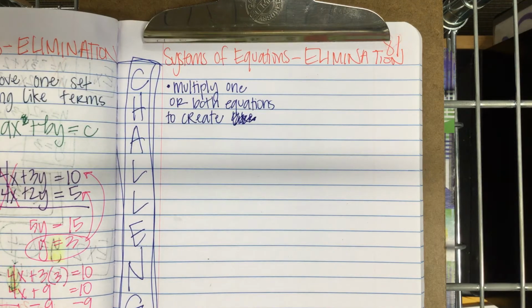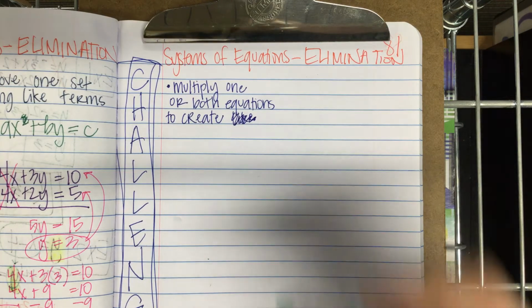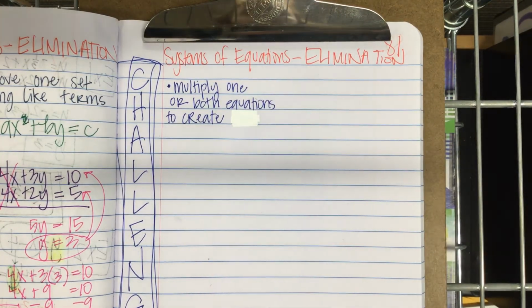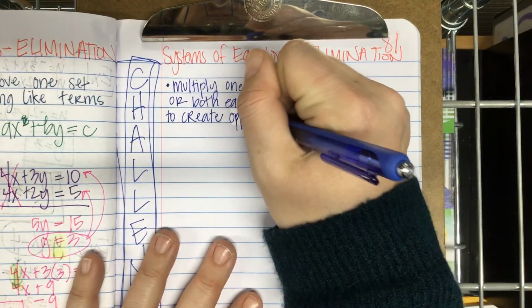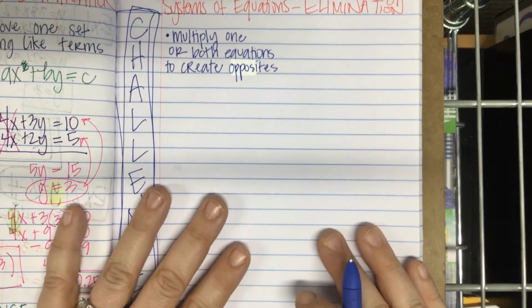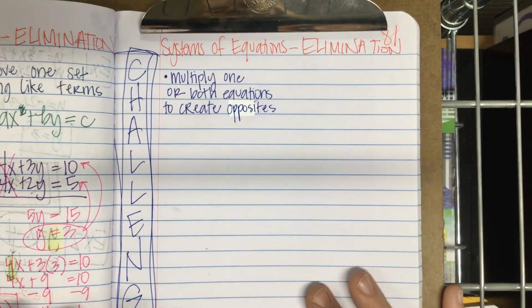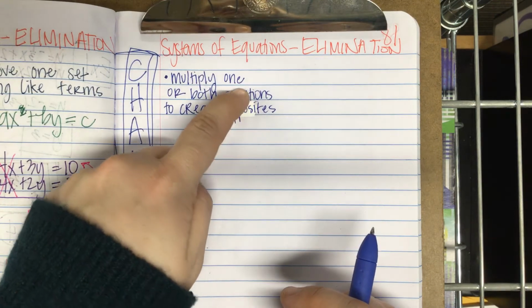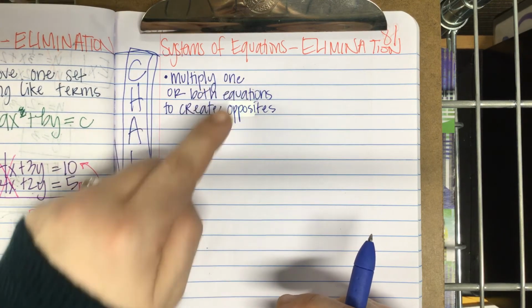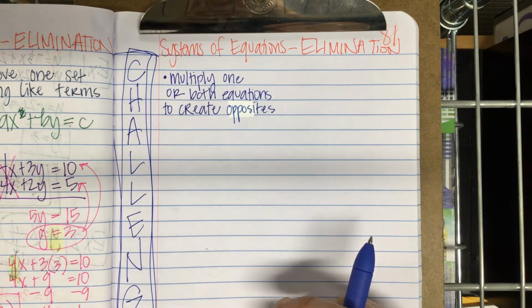To create inverses. That's what I want. Opposites. And sometimes you only have to do one, and I really like those problems. Sometimes you have to do both of them, and that's okay.